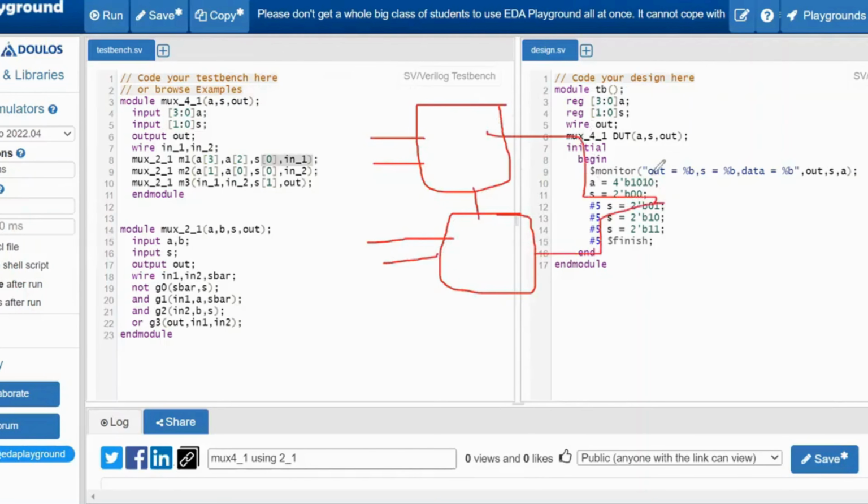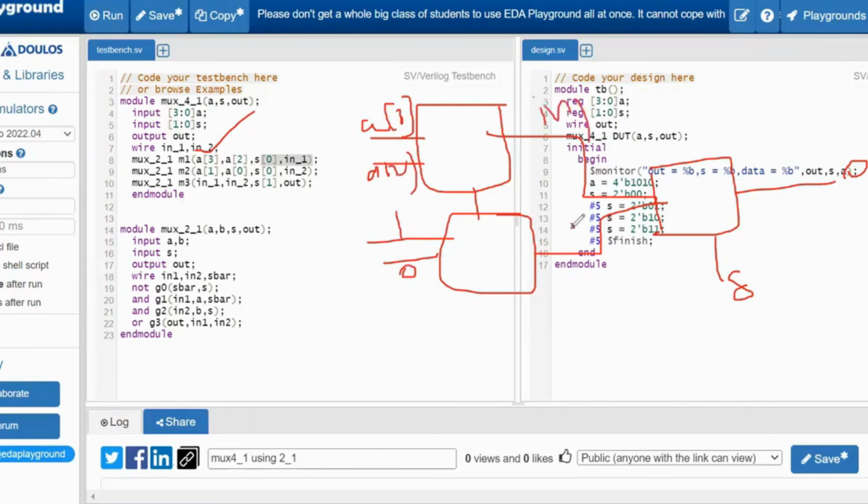Both outputs will be connected to another multiplexer. Here is the output, and here is another selection line. So here A of 3 is the input, A of 2, A of 1, A of 0. Like that, in 1 is the output, in 2 is the other output. Both are inputs to this 2 by 1 multiplexer. Same thing you need to write.